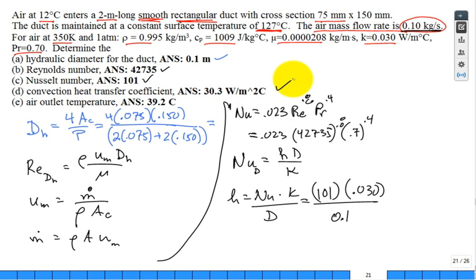Then what is the outlet air temperature of 39 degrees? How do we calculate this? 39.2 degrees C. How do we do that?